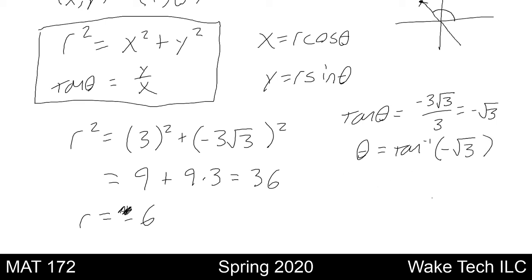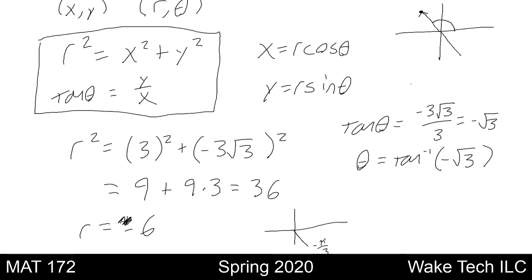And if I perform this tangent inverse either with a calculator or if I look at the unit circle and find a point that has a tangent value of negative square root of 3, I'm going to go to the fourth quadrant, and specifically the negative first quadrant, and find negative pi over 3.